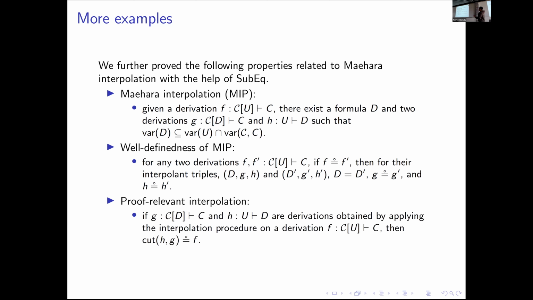And then we also proved the proof relevance of interpolation, saying that if we have the derivation F, and we apply the interpolation procedure on this, we'll find two derivations G and H. Now, if we cut G and H back, it will return a derivation equivalent to F.